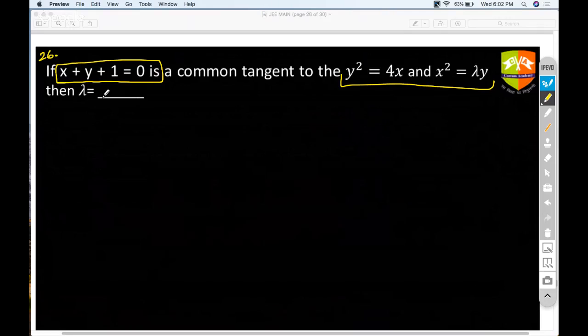Okay, Sai says 4. Okay, so mostly people are going for option 4.